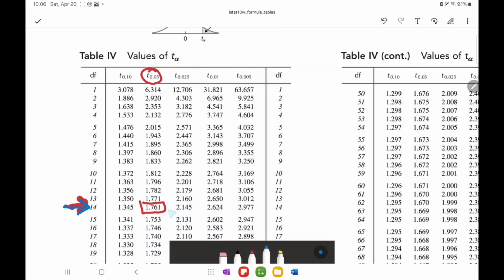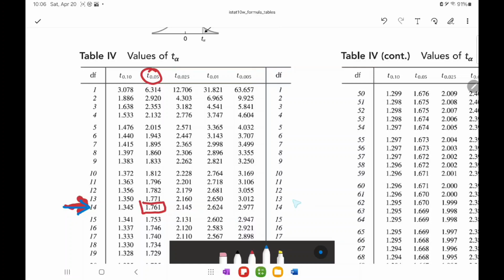If you look at the different t values along this row, they increase from left to right: the first one is 1.345, then 1.761, then 2.145. You have to see where on this row the test statistic value would fit.